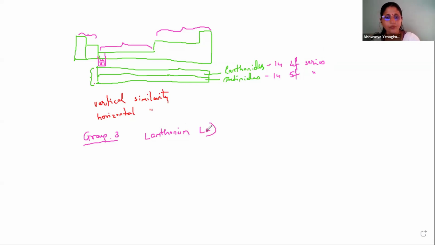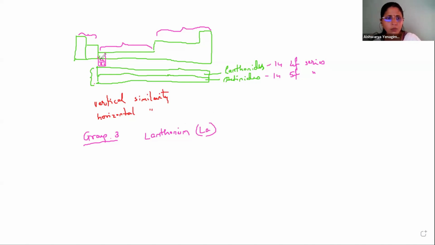Symbol is La. You can keep the periodic table open and look. So the name comes from this. In the house of lanthanum, all lanthanides are being placed. In a single block, we can't show 14 elements, right? Here lanthanum is there, and in its house you can say there are 14 members. In this one house there are 14 members.